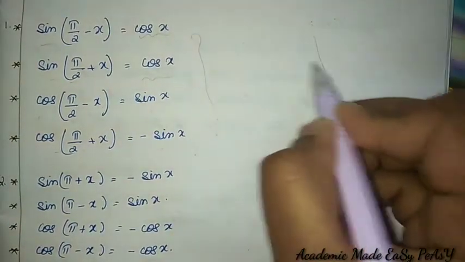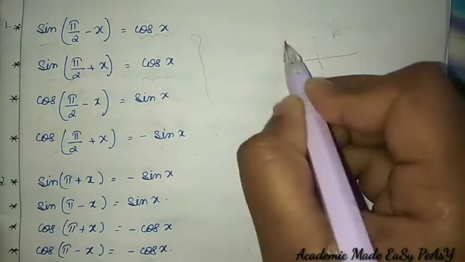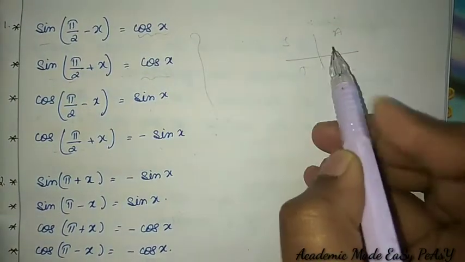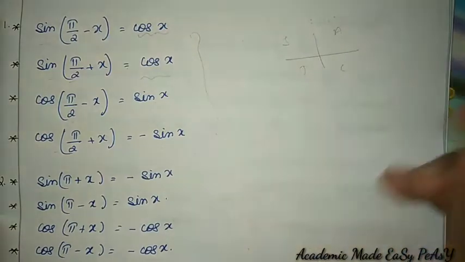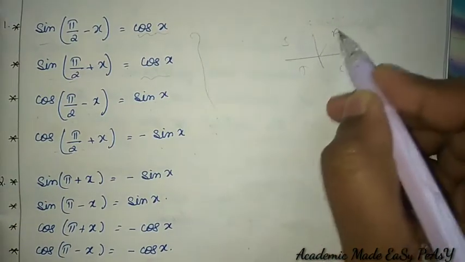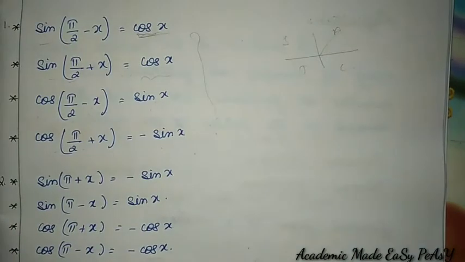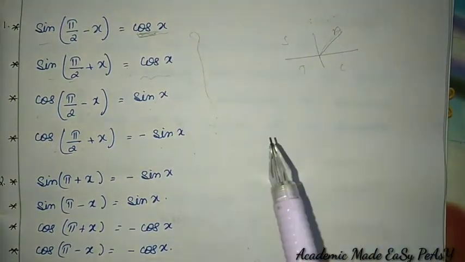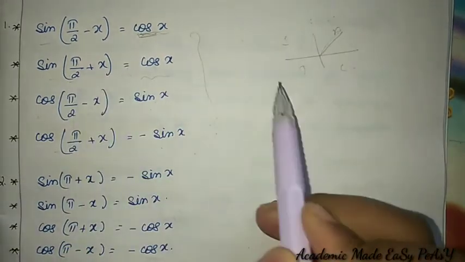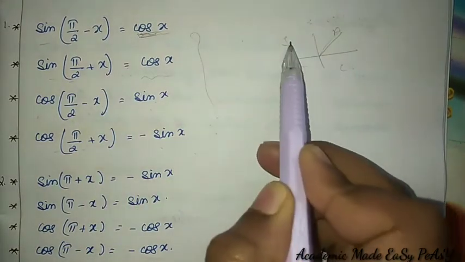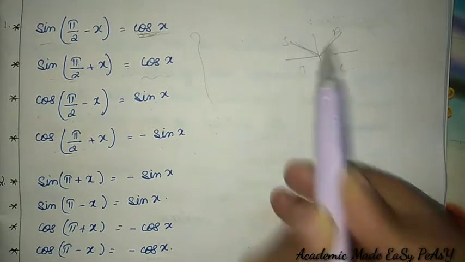When we take quadrants, all silver teacups. Sine pi by 2 minus x will be here, where everything is positive, so I'm getting cos. I'm saying this only for pi by 2 now. So cos is positive over here. Sine pi by 2 plus x, for sine only, it will be positive over here.